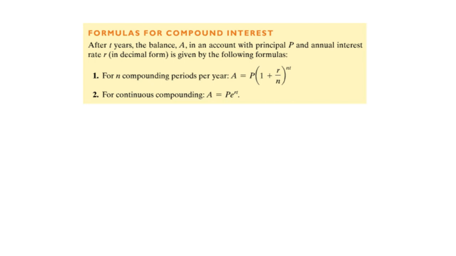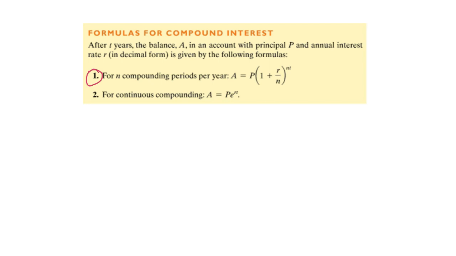Formulas for compound interest. So it says after T years, the balance A, the future value, in an account with a principal amount of P and an annual interest rate of R in decimal form, you have the following formulas. So the number of compoundings per year, this number 1 is the one that we've been using, and that is when you know N, the number of compoundings per year.